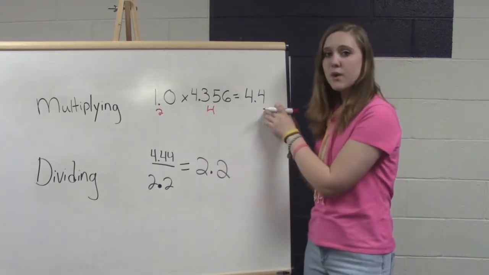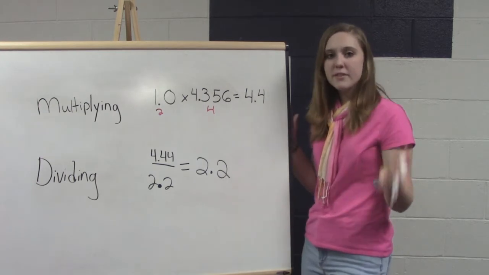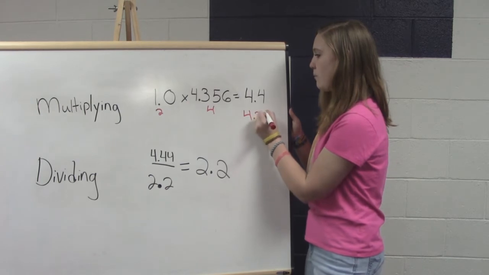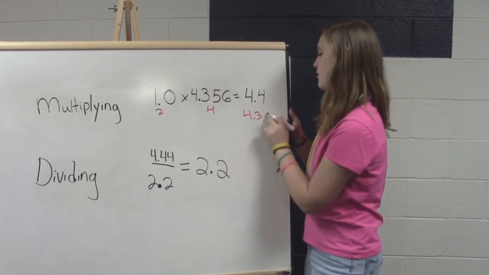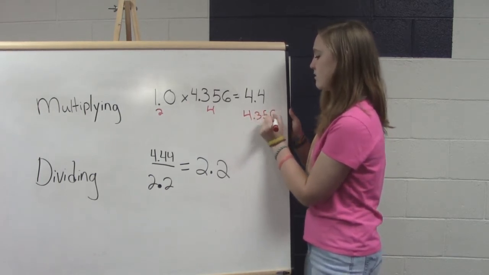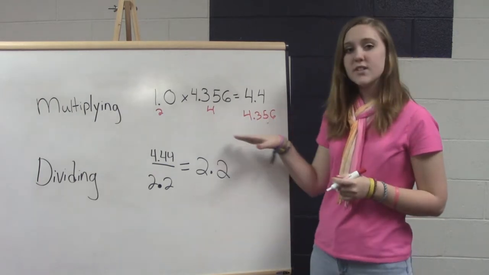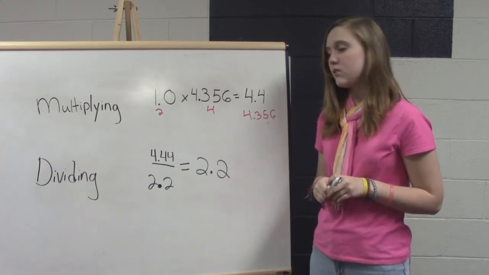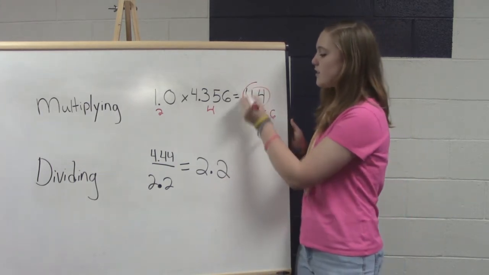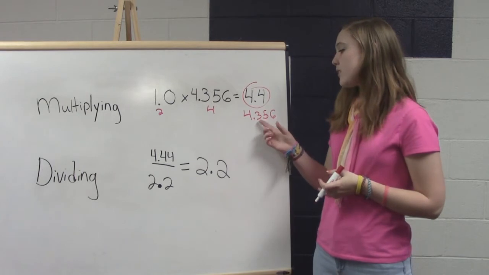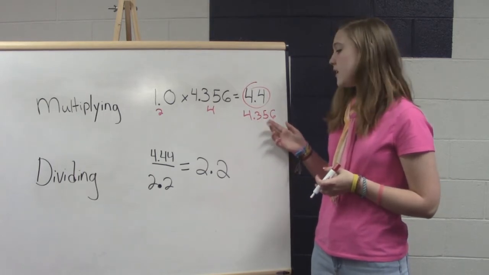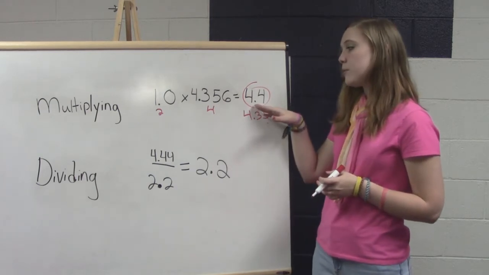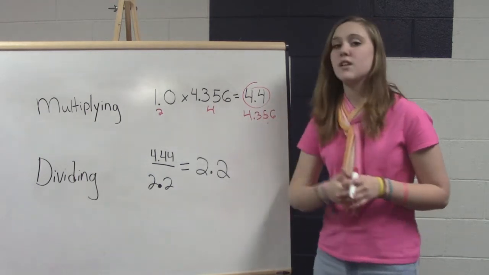So if you were just doing it mathematically like you normally do, your answer would be 4.356. But when you're using sig figs, you can only have 2 non-zero numbers in your answer. So your answer is 4.4, and we've rounded up the 3 because your next number is 5 or above. So your answer to this problem will be 4.4 because you can only have 2 sig figs.